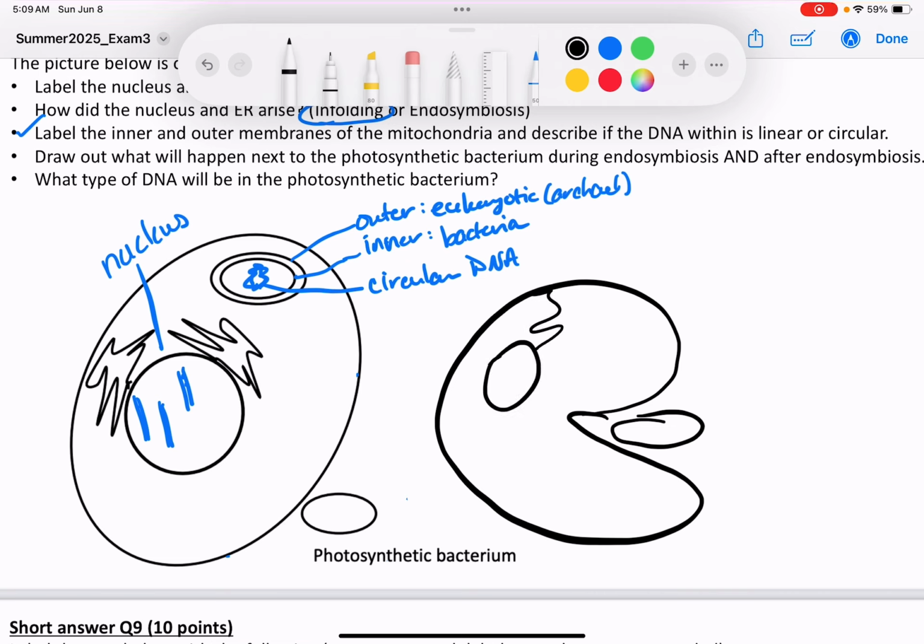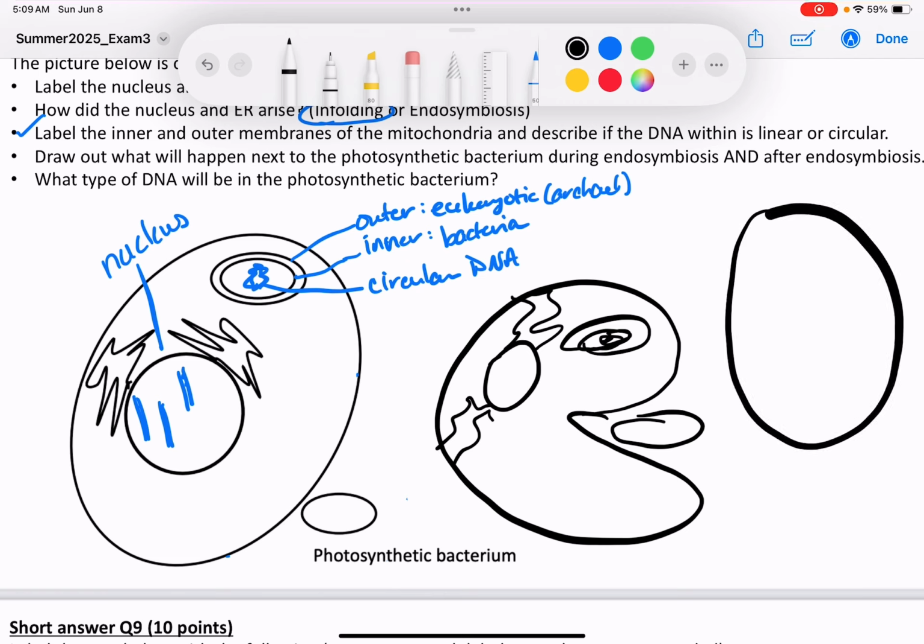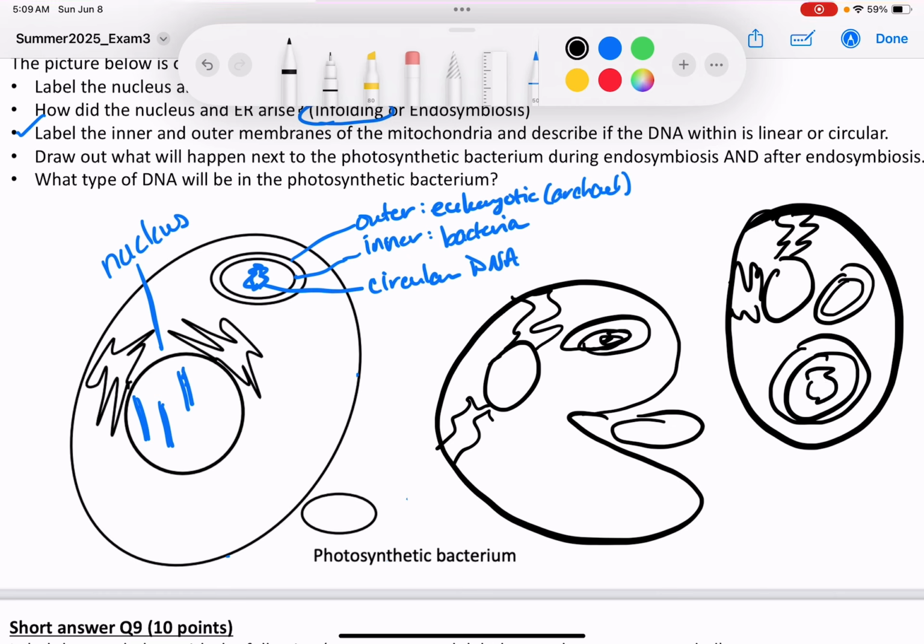So your nucleus and your ER, mitochondria. And then afterwards, it's going to be inside. So nucleus, ER, you have your mitochondria, and then you have your photosynthetic bacteria, and it's going to have circular DNA, just like the mitochondria. So what type of DNA will be in the photosynthetic bacteria?